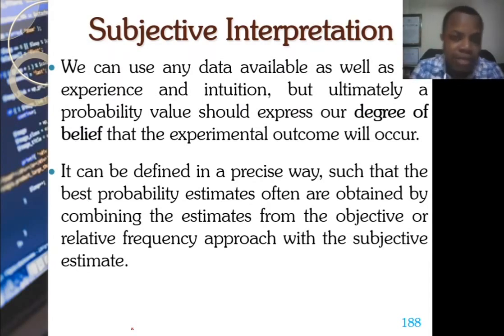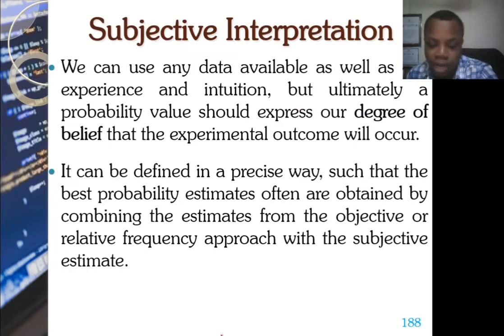So with this subjective approach, you can combine data as well as your intuitive notion about the experiment being conducted. Combining several interpretation methods is likely to yield something better. So that is what subjective interpretation is about.